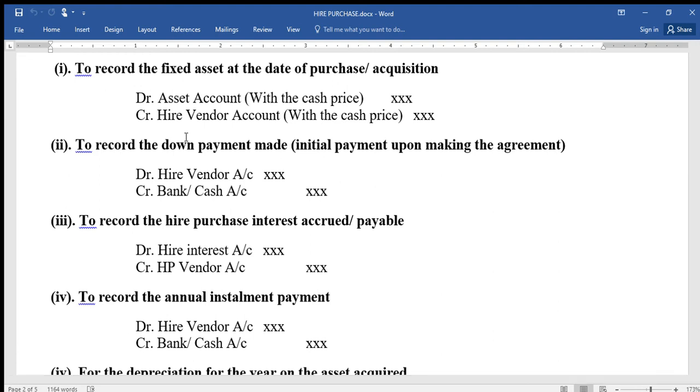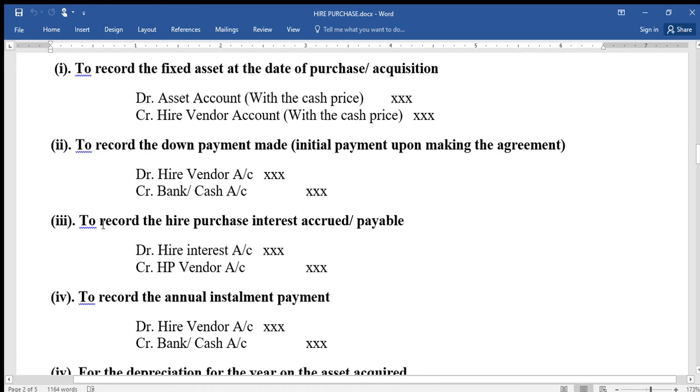Cash or bank are assets, and they reduce by crediting. And we are paying the hire vendor. The hire vendor is a creditor. The fact that we are paying him or her, it's reducing the money that he is demanding from us. And creditors reduce by debiting. So we debit the hire vendor's account, and then we credit cash or bank.